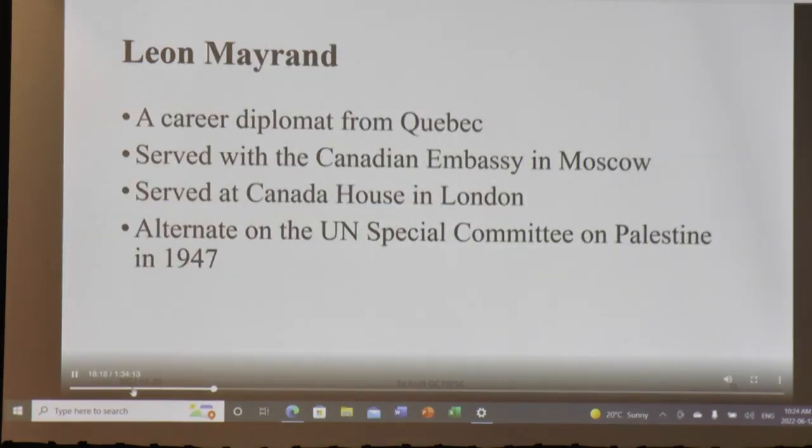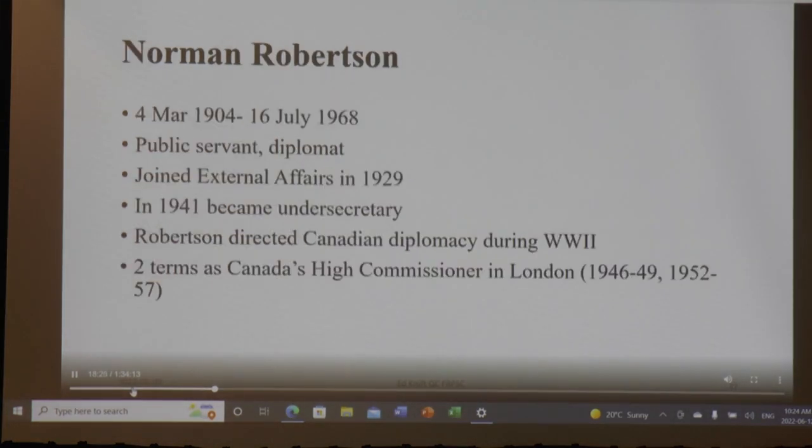We had a gentleman named Léon Mayrand who worked on the United Nations Special Committee on Palestine. He's referred to in the materials. Norman Robertson, who was Canada's High Commissioner in London. He was a diplomat extraordinaire who served the Liberal government for many years.